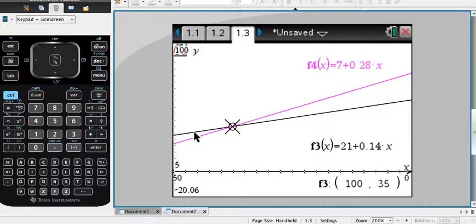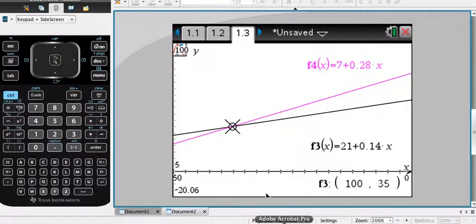It has a higher cost because the graph is above it, because this is cost here on the vertical axis. So the higher the graph is, it means the higher the cost at that particular point. So therefore, between 0 and 100 calls, package 2 was actually cheaper. But after you make 100 calls, so more than 100 calls, you'll see that the black graph is actually underneath the pink one. That means that it's cheaper. It has a lower cost.